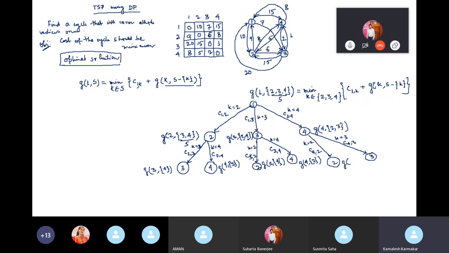G, current vertex is 2, then the remaining set is 3, and here G, current vertex is 3 and the remaining set is 2. Is there any doubt up to this?